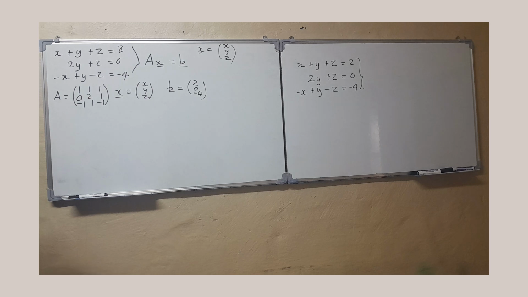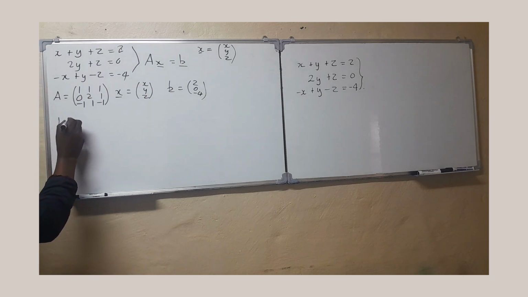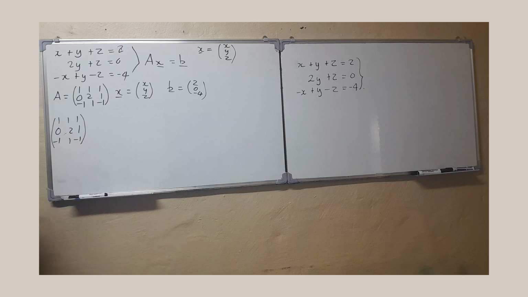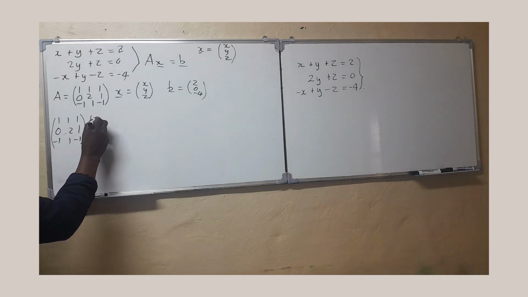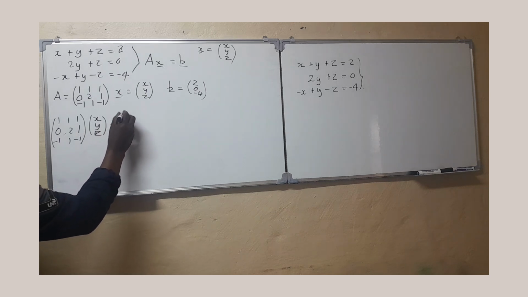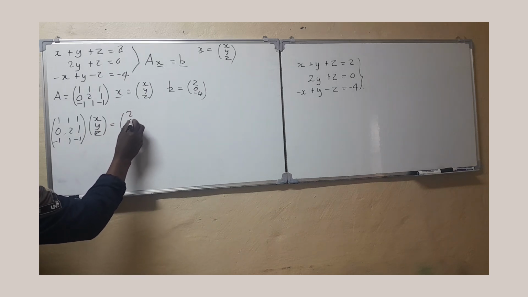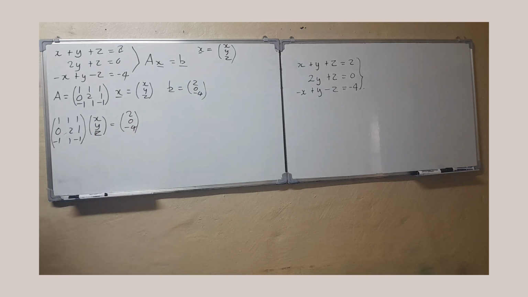So our new system becomes matrix A times the vector x, y, z equals B, 2, 0, minus 4. Now we have changed this system into a matrix equation. We can call this step number 1.